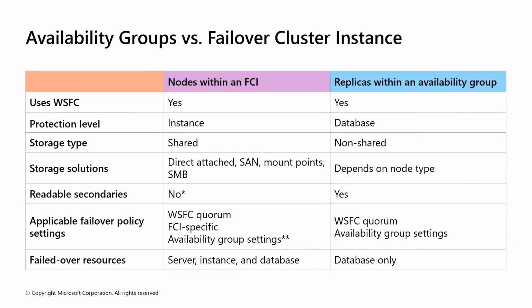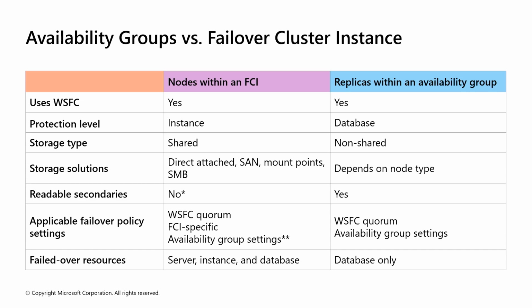Here we see a comparison between SQL Server high availability architectures, the failover cluster instance and the availability groups, highlighting the differences in protection scope, storage configuration, and failover behavior, along with secondary replica accessibility.